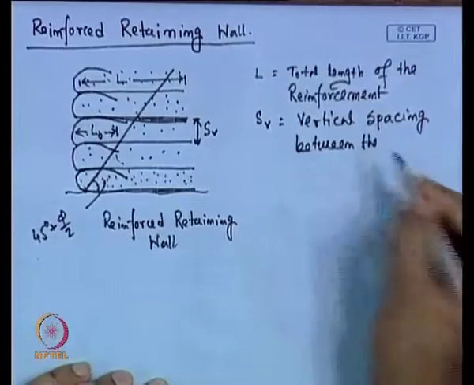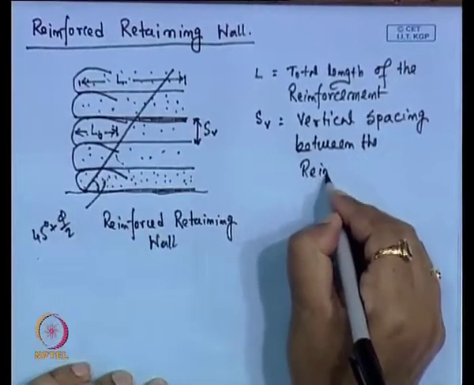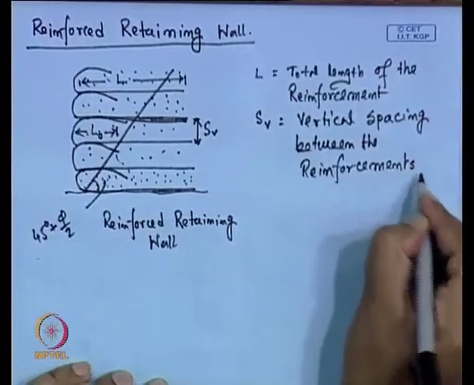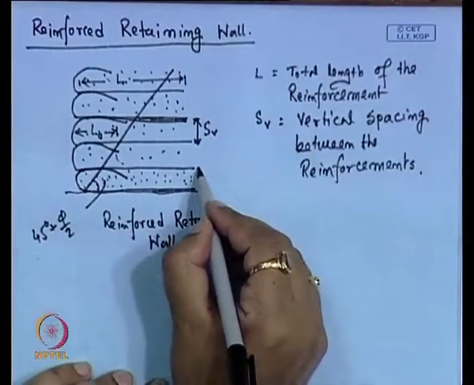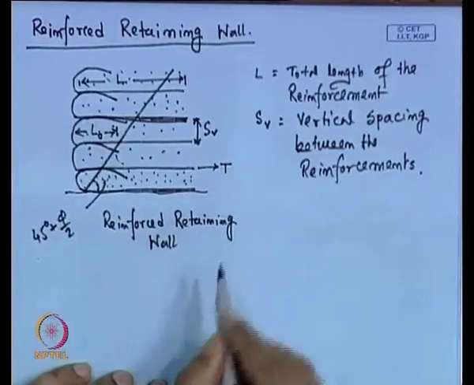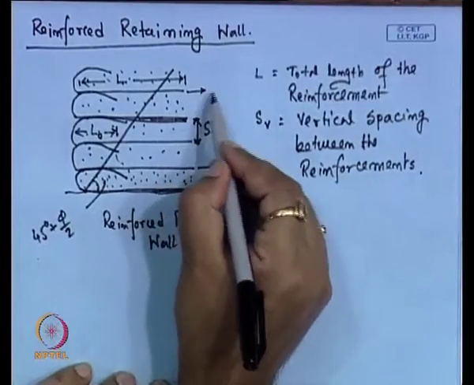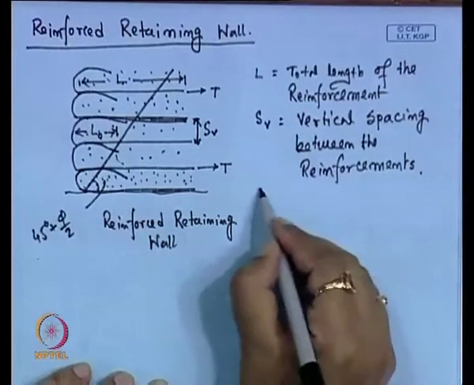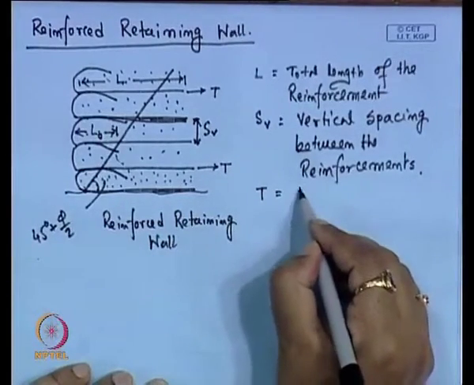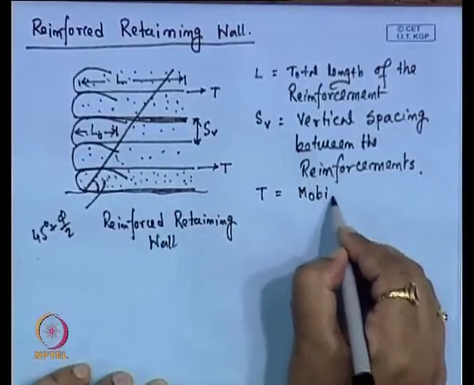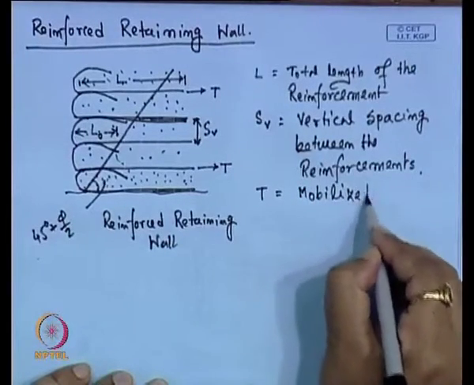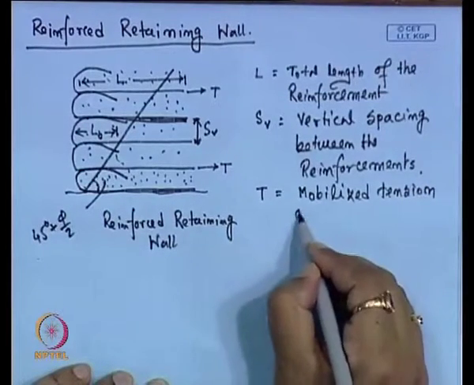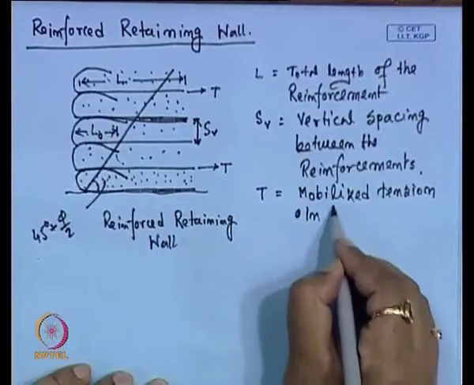And again T, the mobilized tension that is developed, which is the material property. So, T is the mobilized tension in the reinforcement.